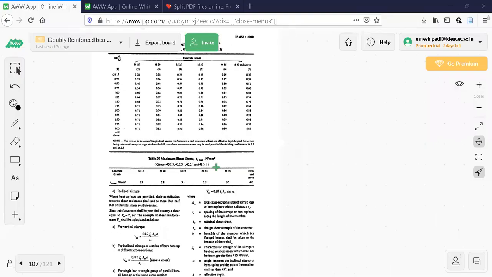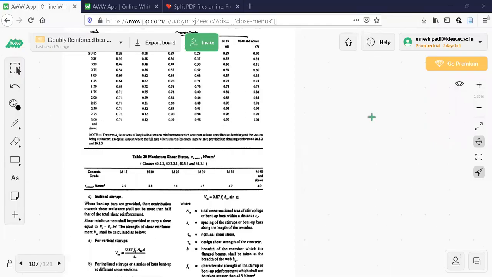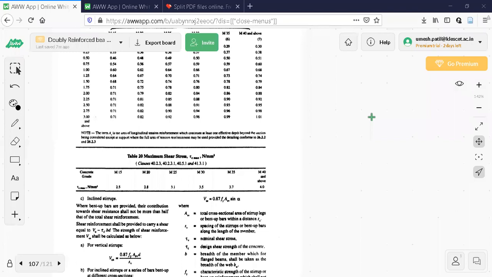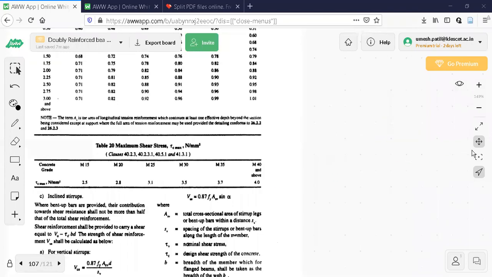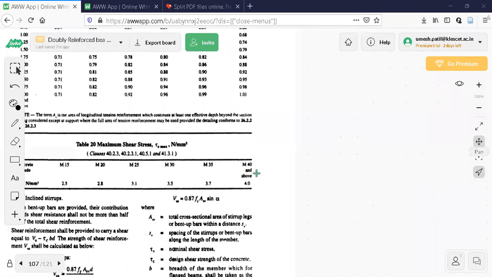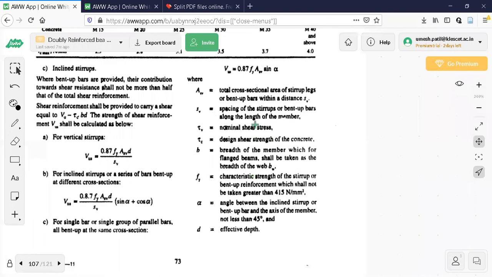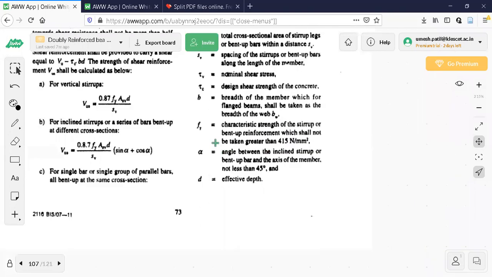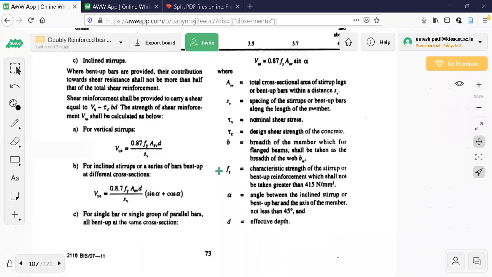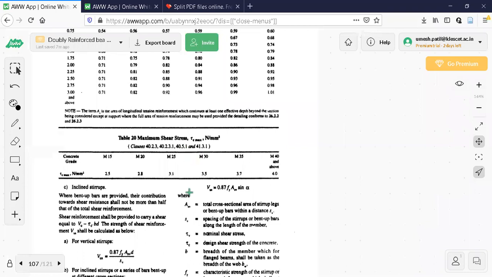Now you can see this page here. If you have the code book, you can open and check it. Page number 73.